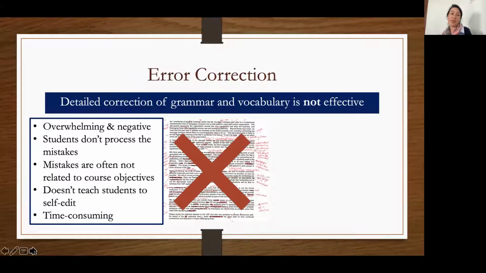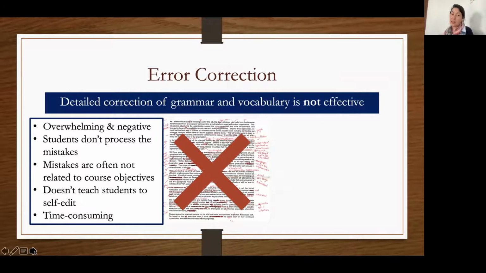Studies and case studies have shown, well, first of all, when a student sees a paper like this, they cannot absorb all of this information. It's very overwhelming and it's very negative. Before they even begin to look at the corrections, they just know that they have done a bad job. And so instantly their mind is closed and they don't feel like they can be successful. So this is not a helpful thing to do.